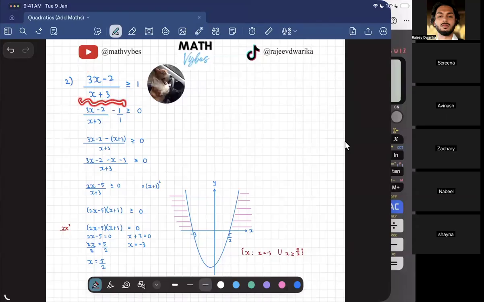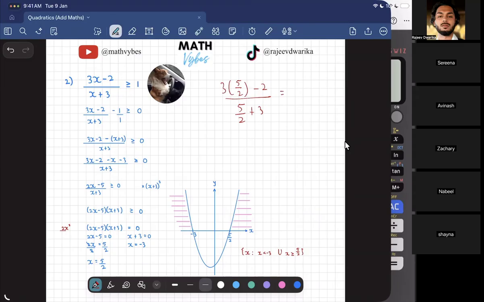Right. So let me verify that now. Let me just say I pick 5 over 2, because that's part of the solution. x is more than or equal to 5 over 2, so I could pick 5 over 2. So that's going to be 3 times 5 over 2 minus 2, all over 5 over 2 plus 3. And that is supposed to give us, I believe, 1. Supposed to.